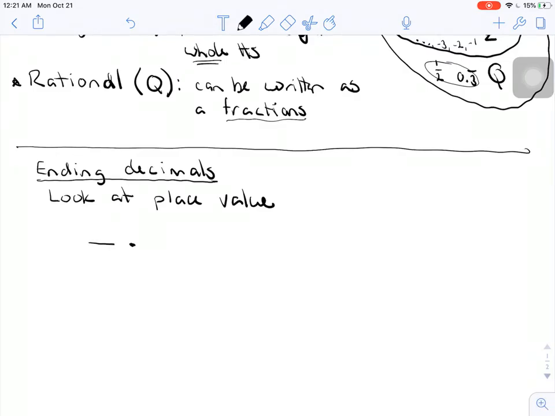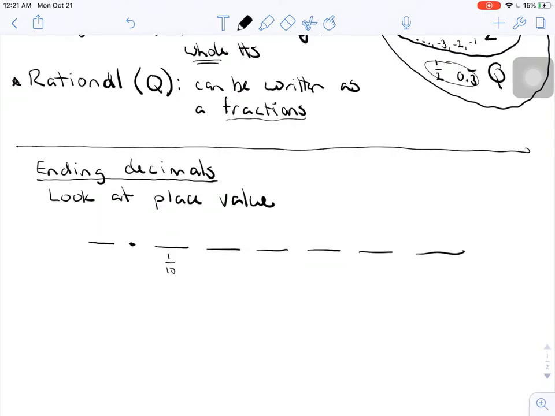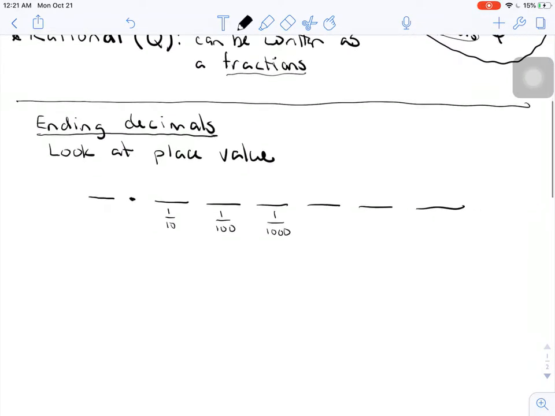So after the decimal point, we have all of these different decimal places, and each of them has their own value. So this is the tenths place, or 1/10. This is the hundredths place, the thousandths place, and it just keeps going out by multiples of 10 because our number system is built on multiples of 10.